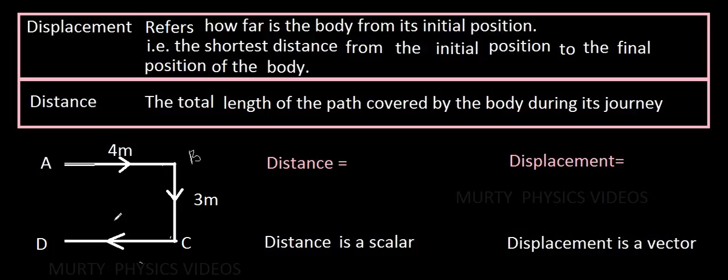In this journey, what is the displacement? It means the distance of the final position from the initial position. How far is the body from the initial position? This shortest distance tells you the displacement of the body, that is 3 meters.